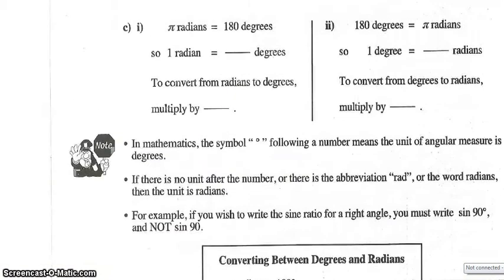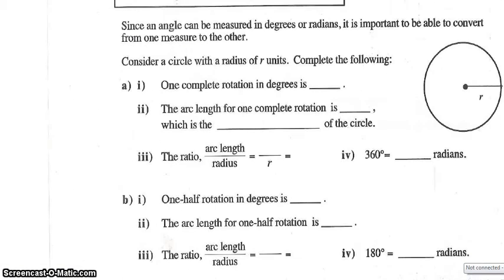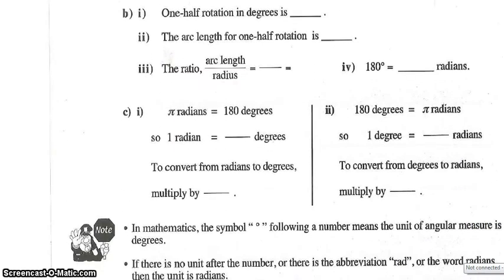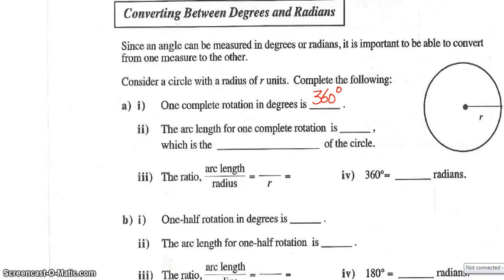So when you have a circle, one complete rotation in degrees is 360. Well, how about radians? I want to work with radians. Do they have one for radians? When you work with radians, it is 2 pi in radians.